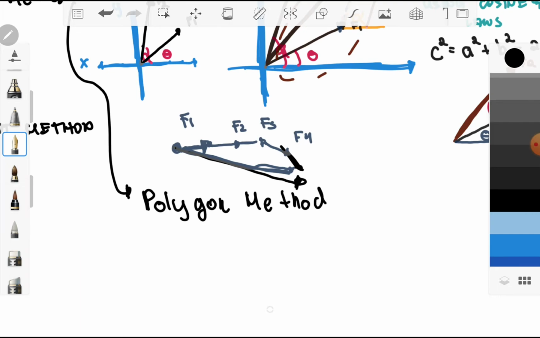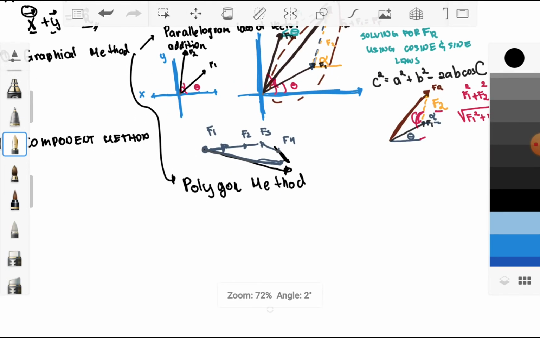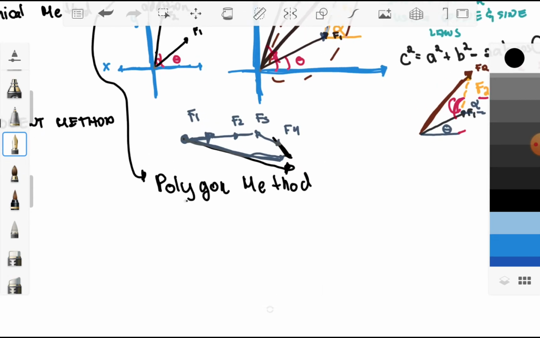If your forces, or let's say your vector quantities, are more than 2, you would need to use your polygon method. So more than 2 forces. But you can also use your parallelogram law when there are more than 2 forces by creating a multiple parallelogram law for each of the forces.